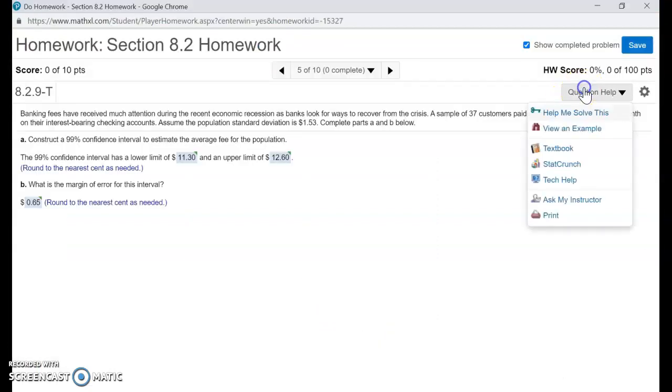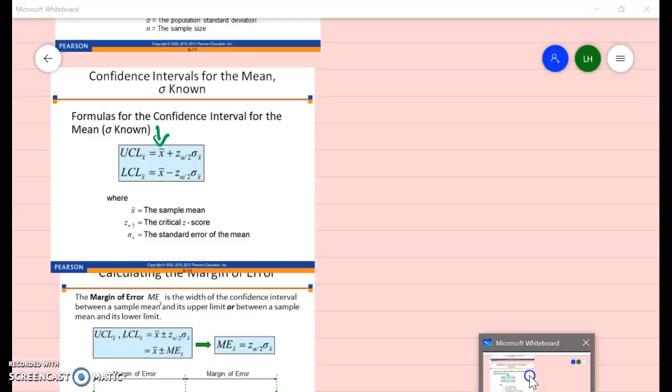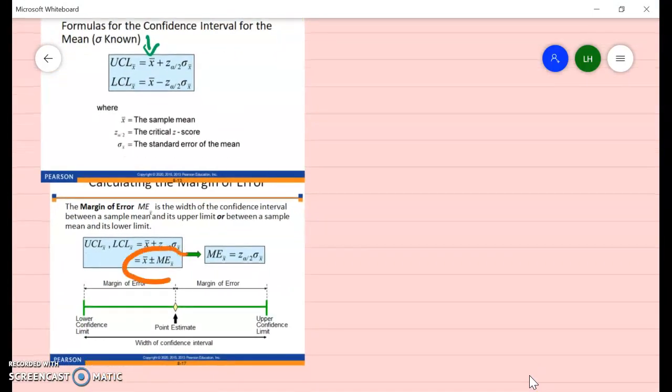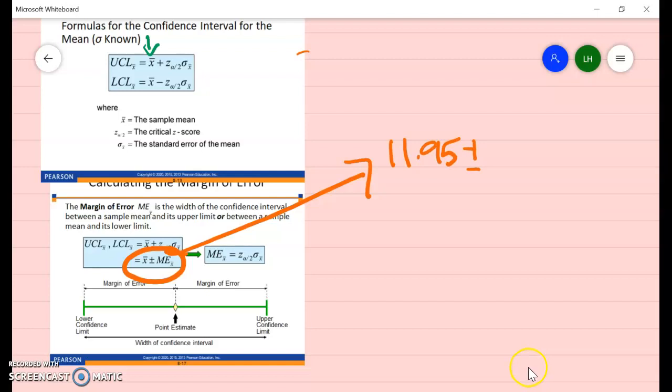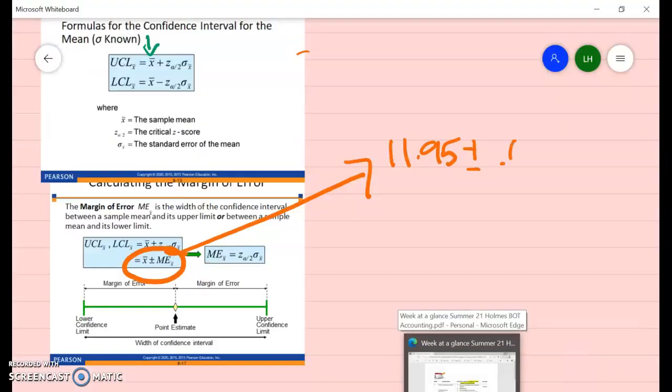So what is the margin of error? We got 0.65, which is correct. Now all we have to do is take the $11.95 mean. We can skip the z and all of that because we're going straight to adding and subtracting the margin of error, which was 0.65.